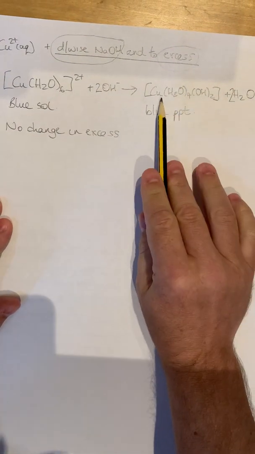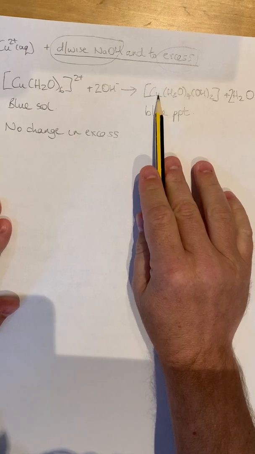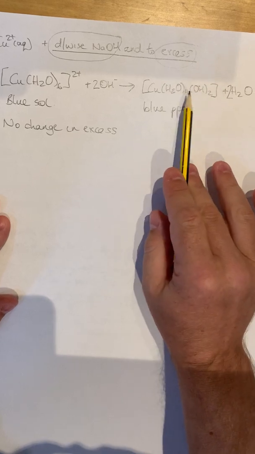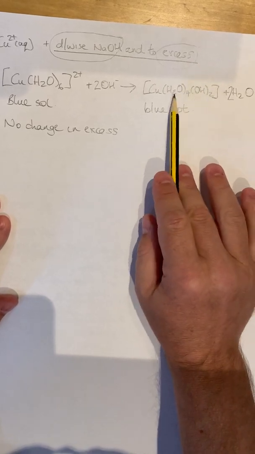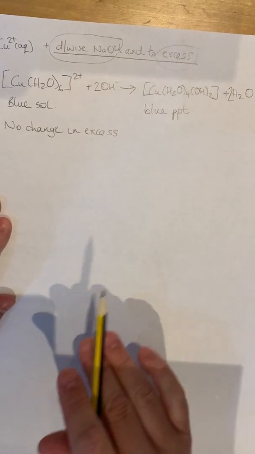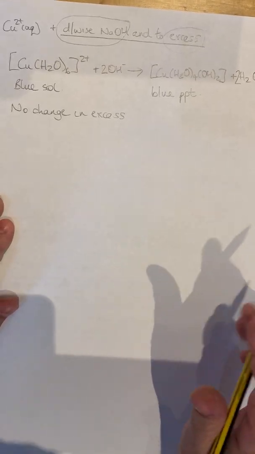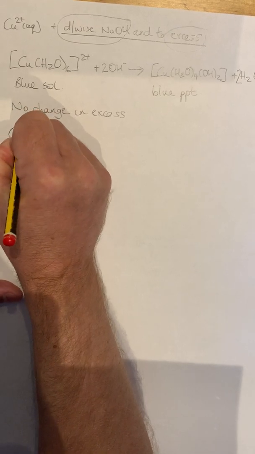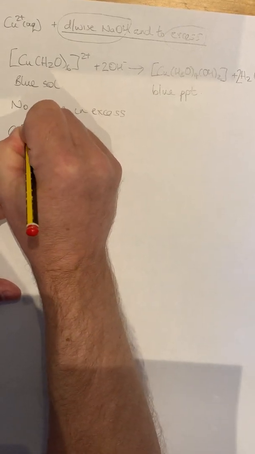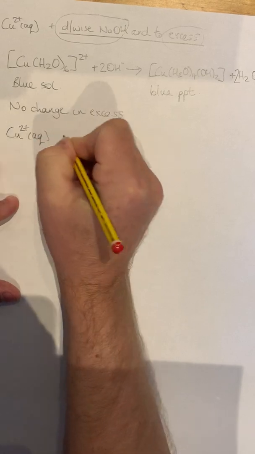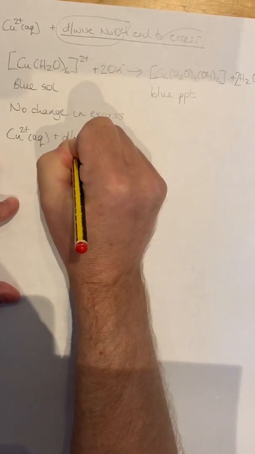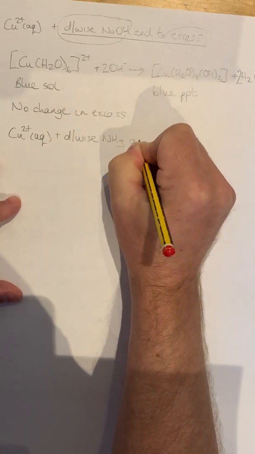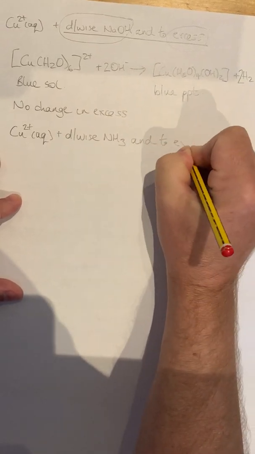That's because copper doesn't react any further with OH minus ligands once it's formed the uncharged precipitate, the 4 and 2 precipitate. Now, what about this one? This is a very common question. Cu2 plus aqueous plus dropwise NH3 and to excess.